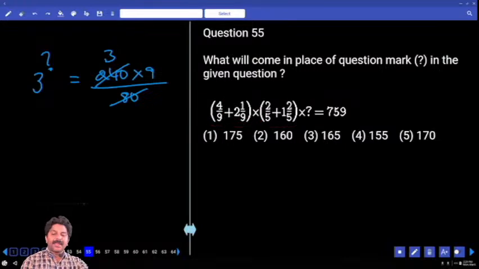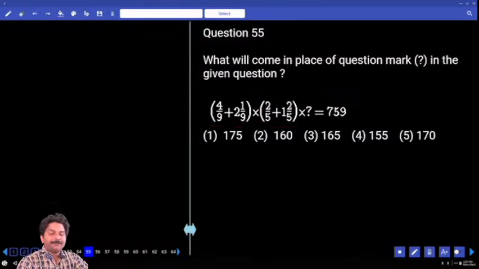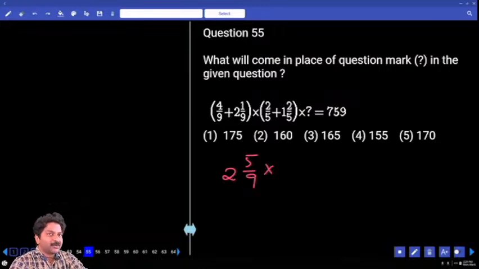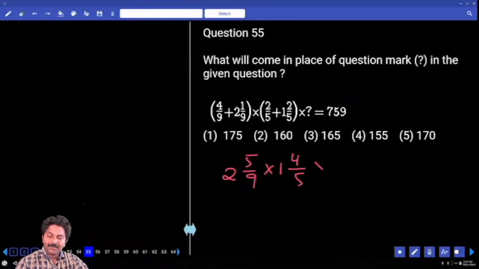Right. So first bracket. 4 by 9 plus 1 by 9, which is 5 by 9. Yes. 2 5 by 9 into 2 by 5 plus 2 by 5, 4 by 5. 1 4 by 5 into x is equal to something, correct?